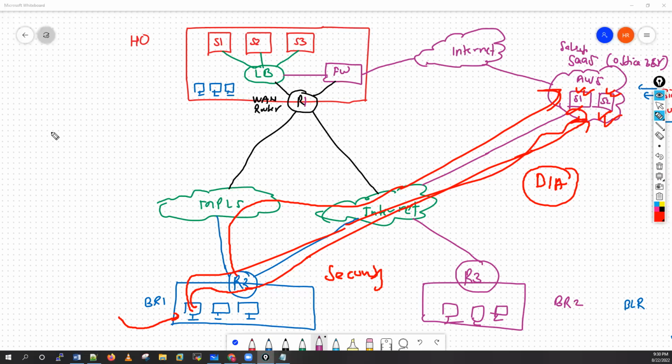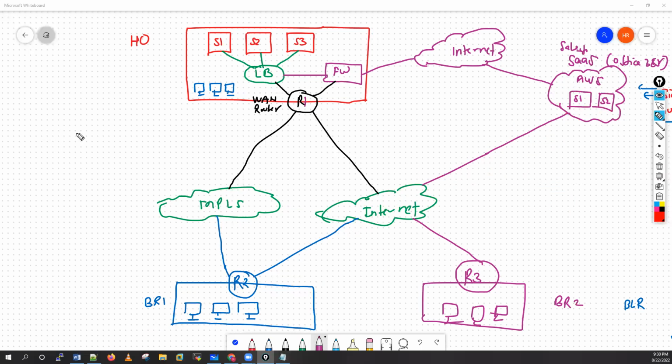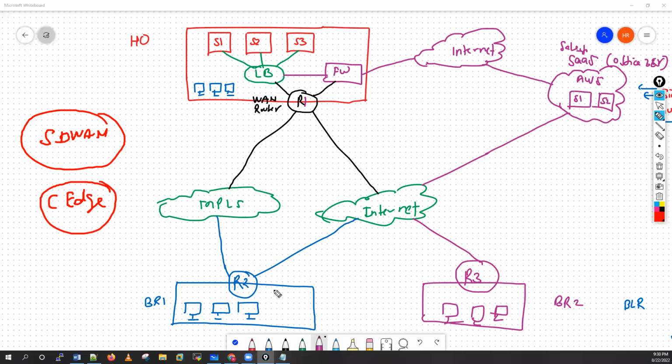But guys, in your SD-WAN solution, we have the Cisco edge routers, or Cisco WAN edge routers. These routers have inbuilt functionality for URL filtering. They have inbuilt functionality for IPS and IDS.